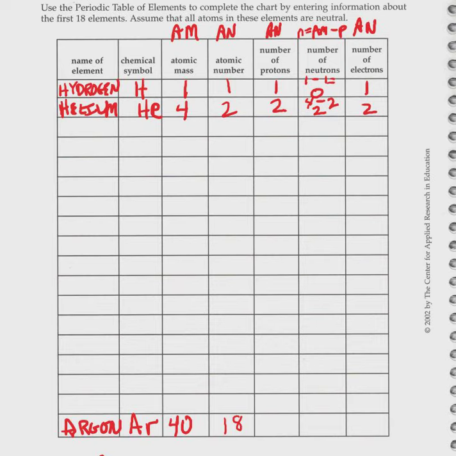I'm going to do one more for lithium. The chemical symbol for lithium would be Li. Lithium would have an atomic mass of 7.